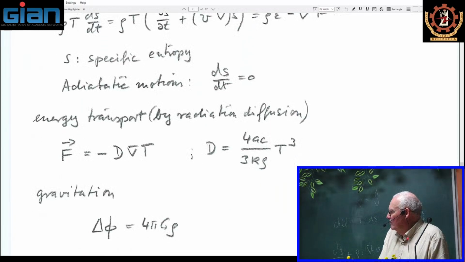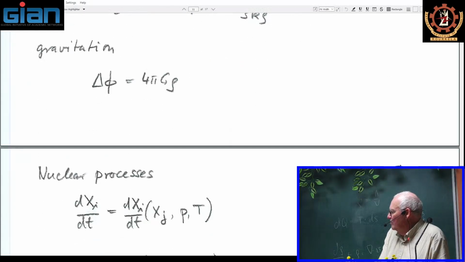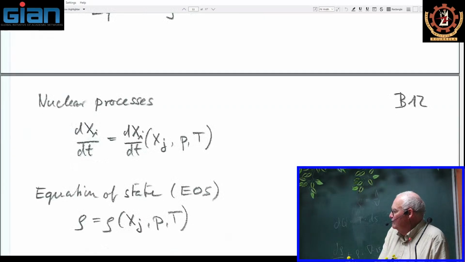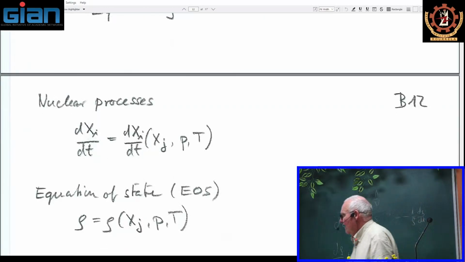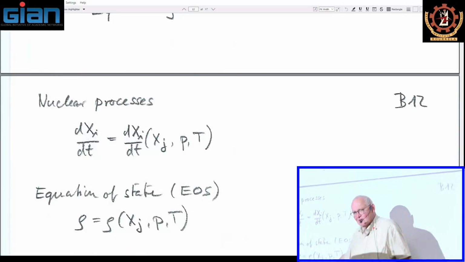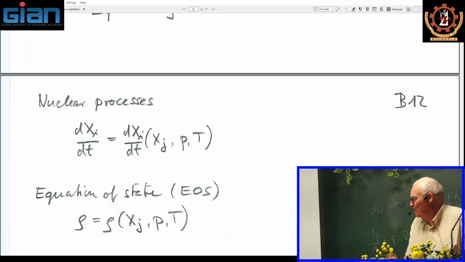And we have the gravity controlled by Poisson's equation. And nuclear processes, the change of mass fractions is given by nuclear reactions. And we have to specify an equation of state. Here I have included also the dependence on chemical composition, not only the dependence on pressure and temperature.